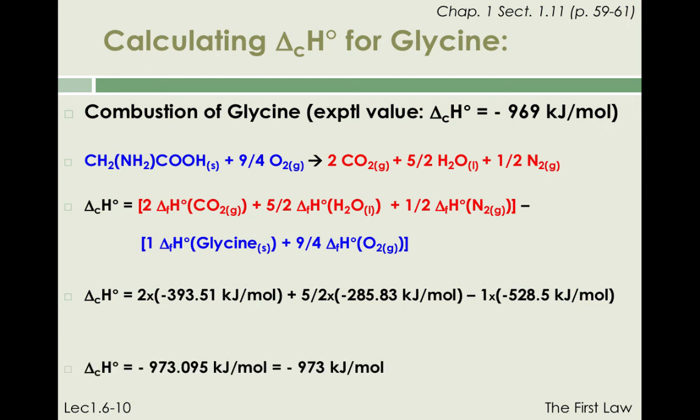We obtain delta cH standard for glycine as minus 973 kilojoules per mole, which differs only by 4 kilojoules per mole or 0.4% from the experimental value.